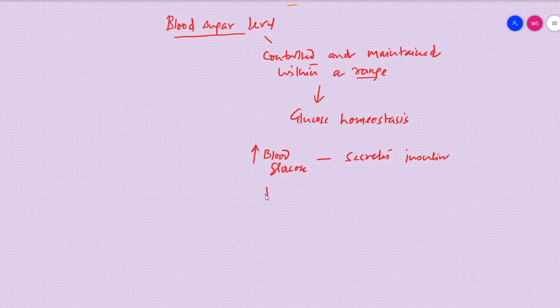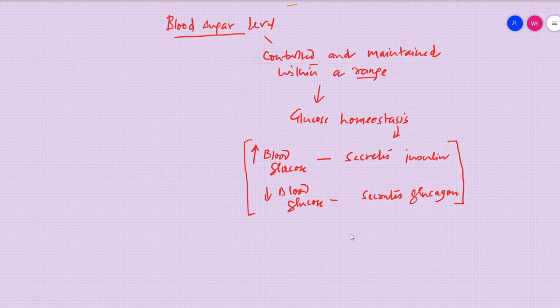If there is decreased blood glucose, the body secretes the counter-regulatory hormone glucagon. So this is a very general overview of glucose homeostasis.